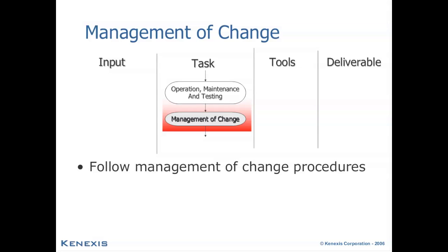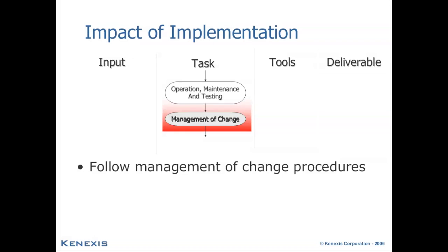The SILs that have been selected in the initial process design can still be achieved even in the face of changes being made to the system. So those are the major steps in the safety life cycle.